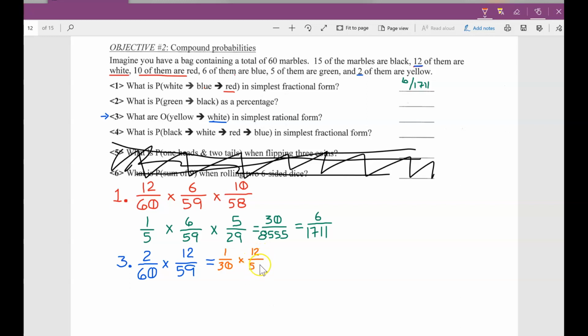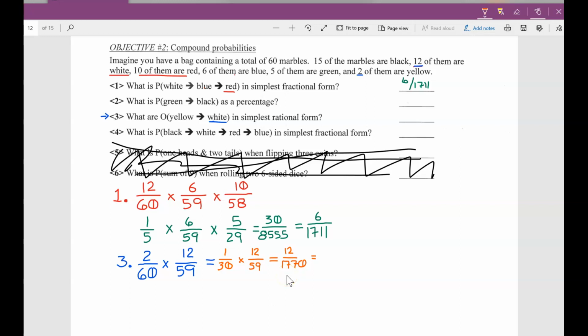So there's our simplified multiplication problem. 1 times 12 across the top is going to be 12. 30 times 59 across the bottom. Oh boy, what is that going to be? 30 times 59 is 1,770.